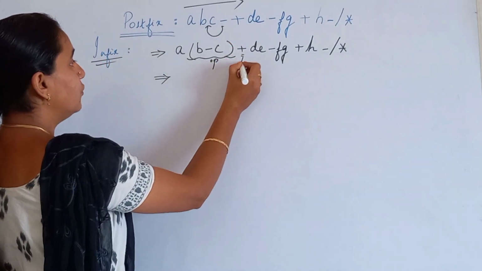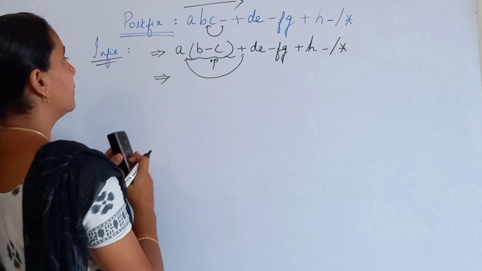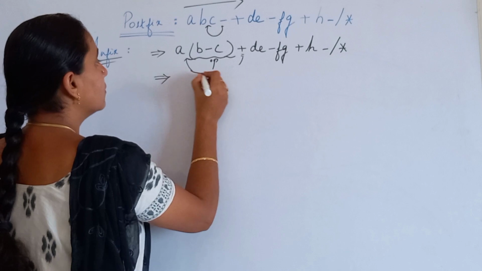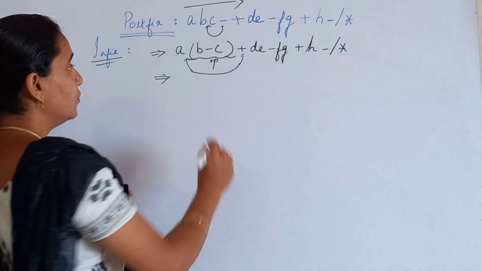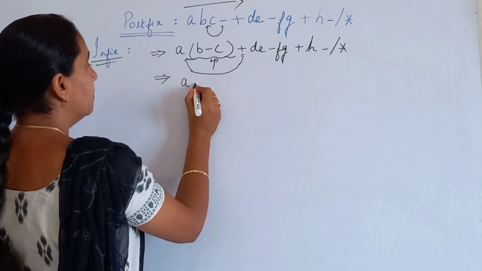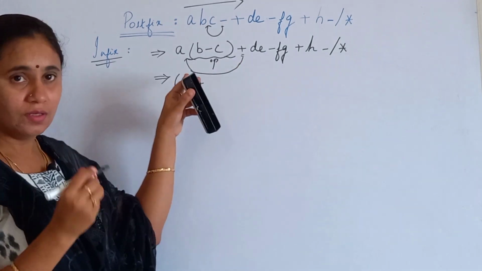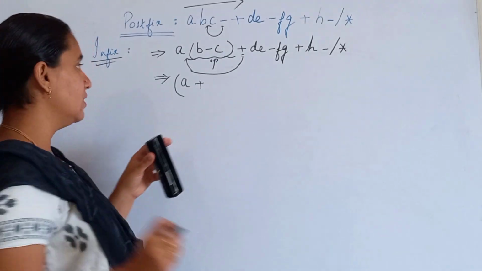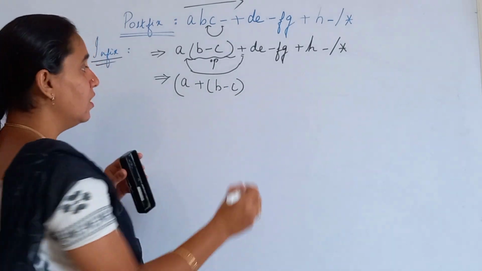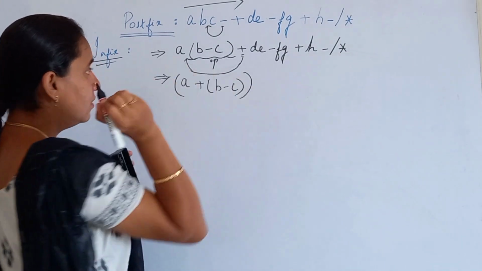So now you shift towards right. If you shift towards right, this is going to come here, isn't it? So A plus, now this is your new expression. Put a bracket, then only you will be able to recognize easily. So A plus, B minus C is already an operand, then close the bracket.